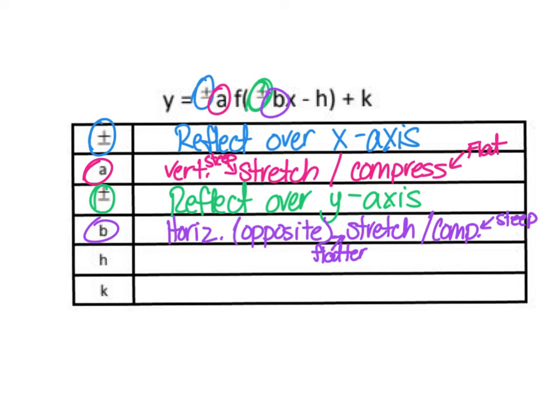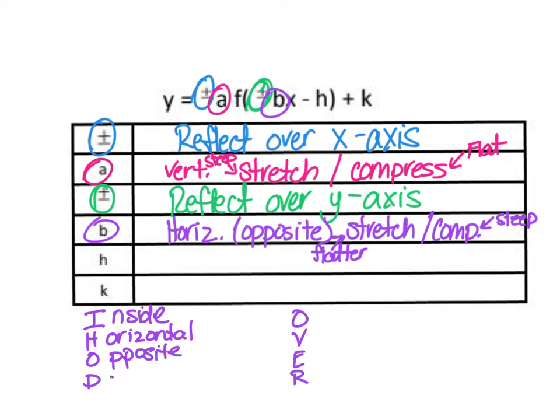So I want you to think about this also. There's this acronym that we use. I was debating on showing you, but I think I'm going to. It's called IHOD over. Kind of helps you keep these ideas organized. The I is for inside the parentheses. It's horizontal. It's opposite of what you think.